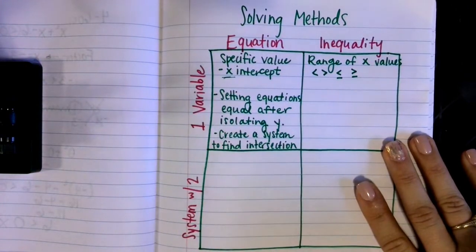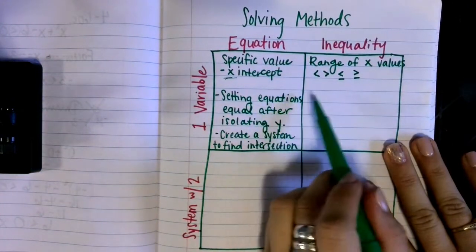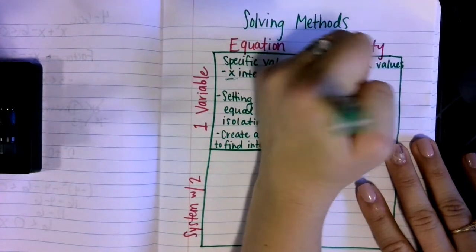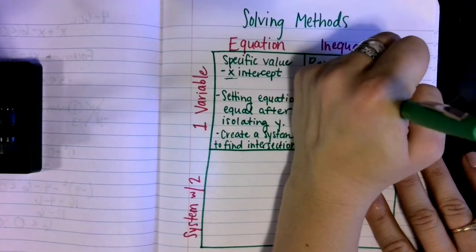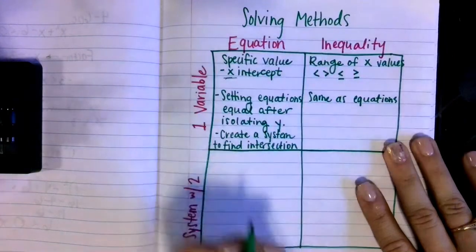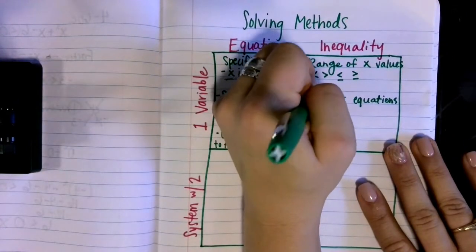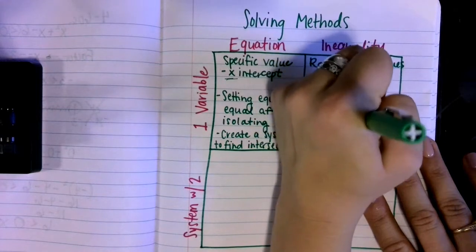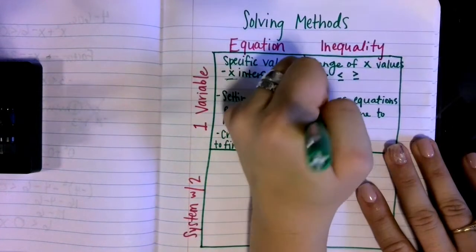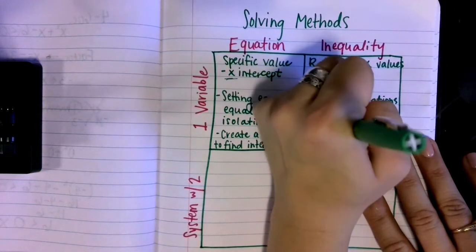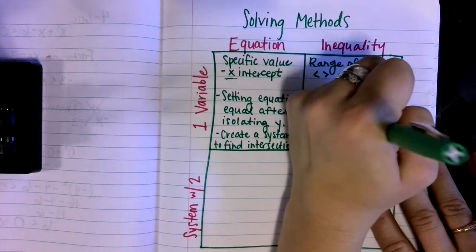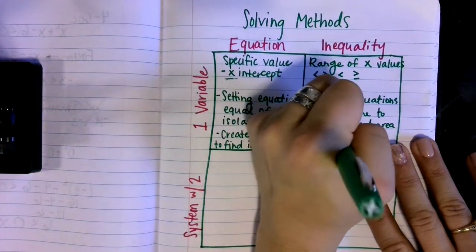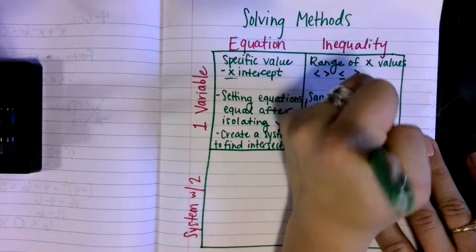And again, we can find these in the same way as over here, except we're going to use a number line to find our shaded area, which is where our solutions fall. So I'll put solution interval.